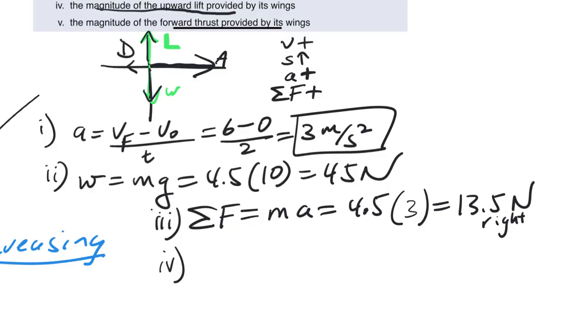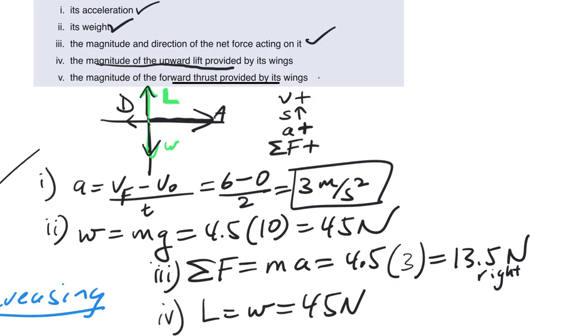So lift is equal to the weight, which I already found in part 2, 45 newtons. Again, that's because there's no net force accelerating the bird up or down. He's flying at a horizontal path.